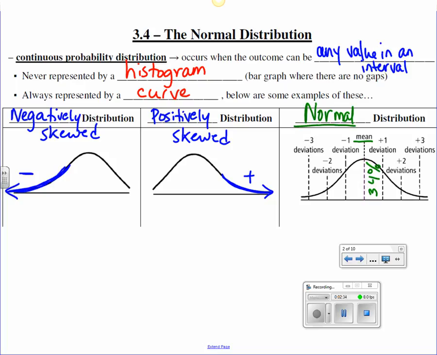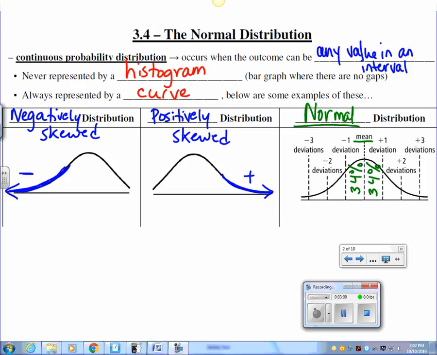So if it's normal, then 34% of the data is always here, and 34% is here because it is symmetric. It's the same on both sides. So go ahead and write those in. If you add 1 standard deviation, you have 34% of the data here, and if you subtract 1 standard deviation, you have 34%. What's 34 and 34? 68. We know as well.